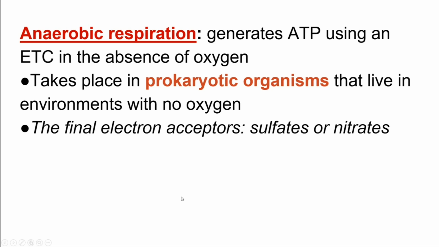The first one, anaerobic respiration, generates ATP using the electron transport chain in the absence of oxygen. So this takes place in, again, prokaryotic organisms that live in environments with no oxygen, anaerobic bacteria. And the final electron acceptors here are going to be sulfates or nitrates. So you're going to find lots of sulfur and a lot of nitrogen rich environments.